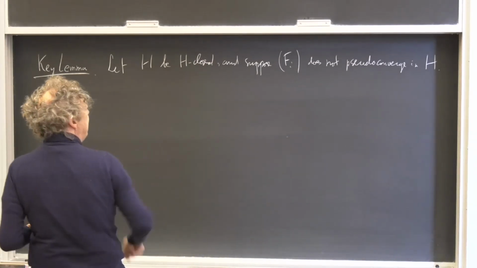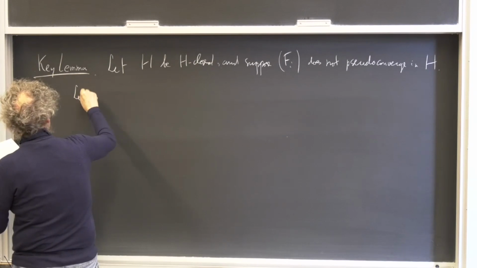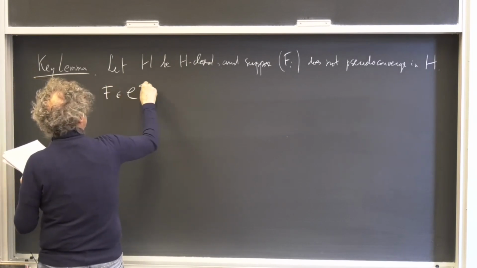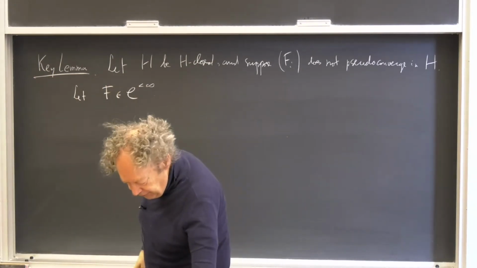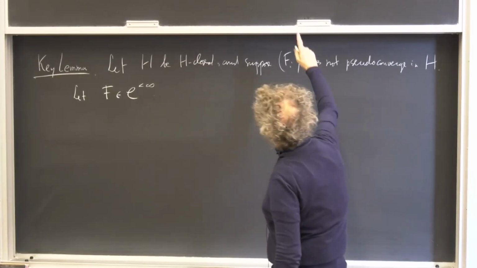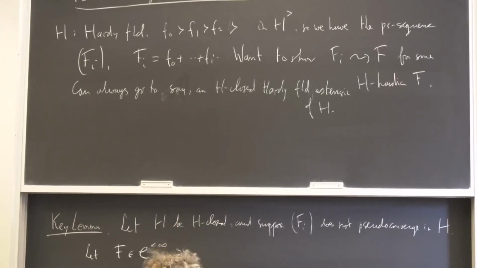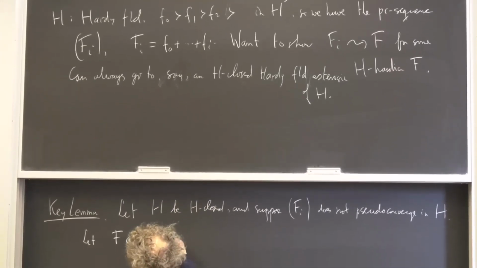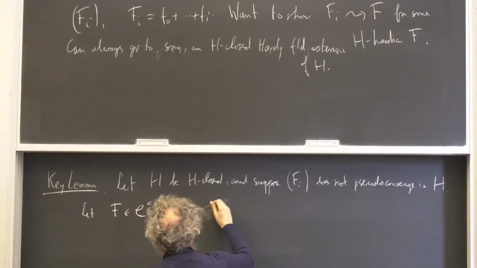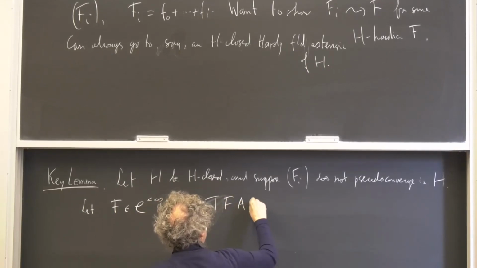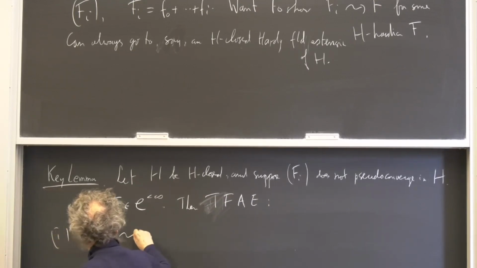Suppose we have a candidate pseudo limit F. So think of this as a candidate, a reasonable infinite sum of the little f_i's that you might think is a pseudo limit. Then the following are equivalent. One, the f_i pseudo converge.